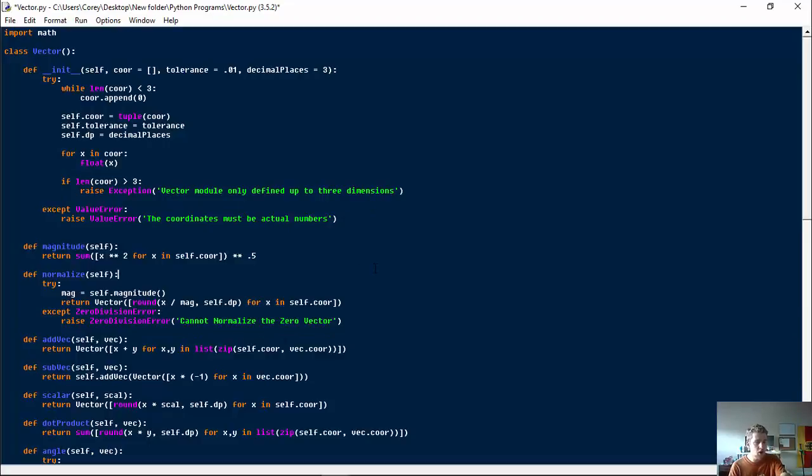If you really wanted, you could take this out of here, and what it does is it takes a copy of the smaller vector, just up to 3 dimensions, and if the other one is 4, you can make a copy of the first one's coordinates and then extend them with zeros up to 4, whatever length the other one is. And then do the subtraction and return a vector with that set of 4 coordinates.